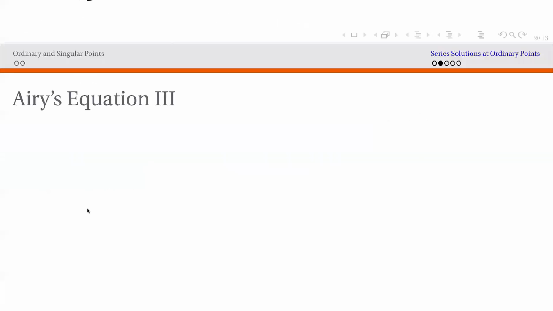So let me write out the terms for A3. A3 is A over 3 times 2 times 1. You can see here that A6 is going to be A3 over 5 times 6, which means it's going to be A over 6 times 5 times 3 times 2 times 1.